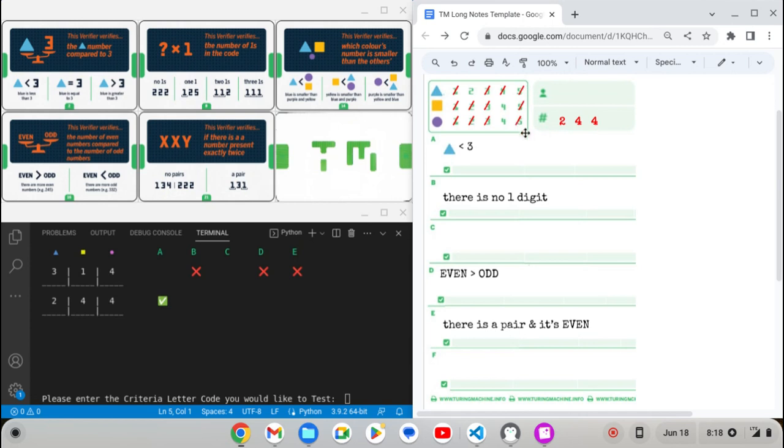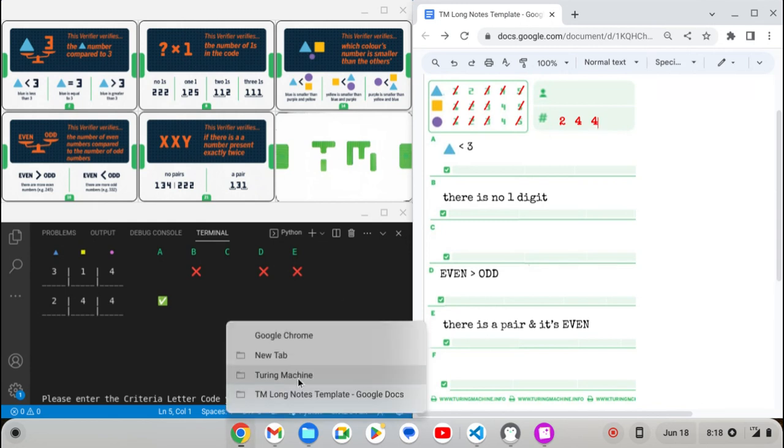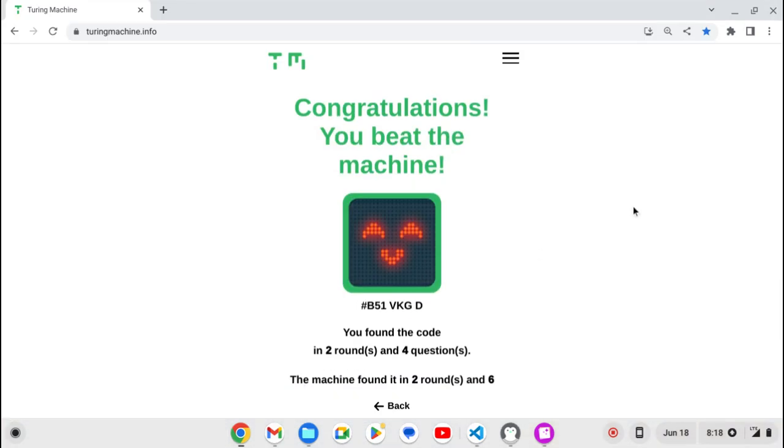That was very helpful. So some of that deduction and just talking through the possibilities really did help us answer in fewer than the number of criteria cards. Well, this was a great solve. I really do enjoy thinking through some of these interesting scenarios with the Turing machine puzzles.